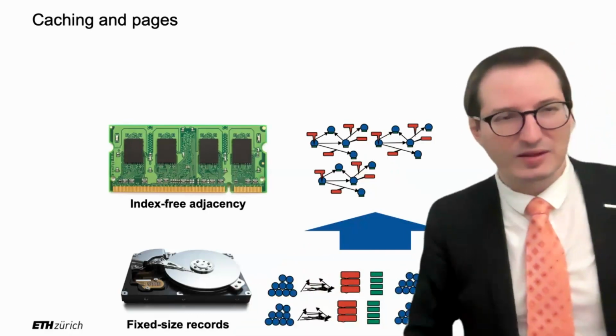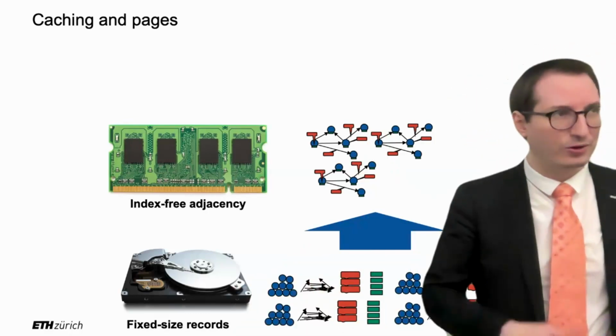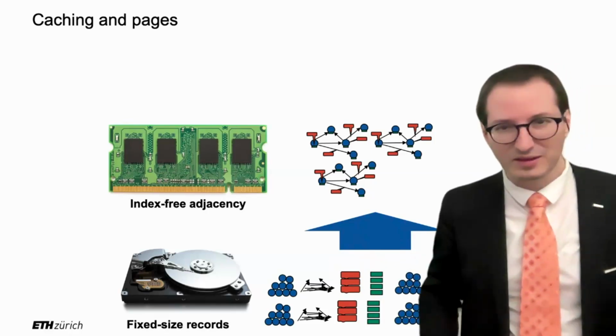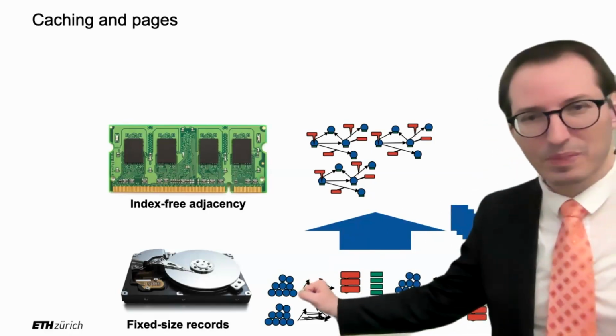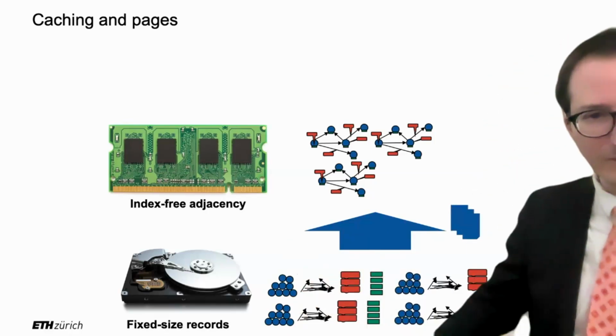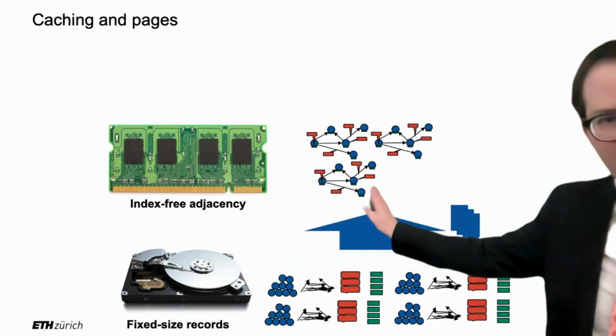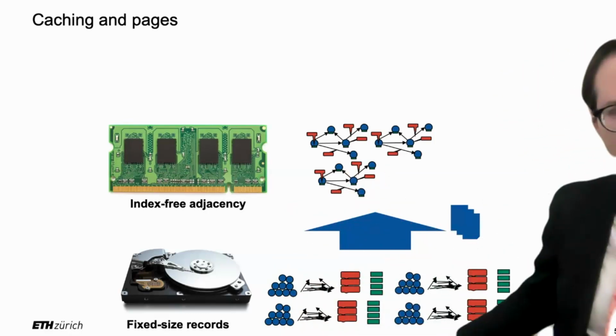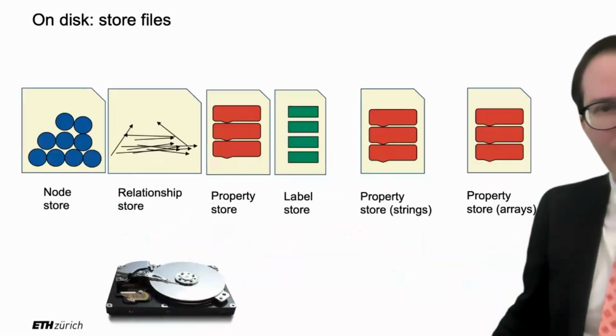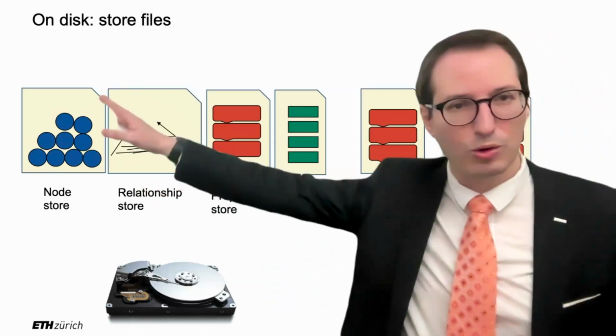Now, when you store it on the disk, for the long-term durability of the data, you store everything separately. You have the nodes, you have the edges, you have the properties, you have the labels, and so on. Yes, exactly. So you have what's called the node store.